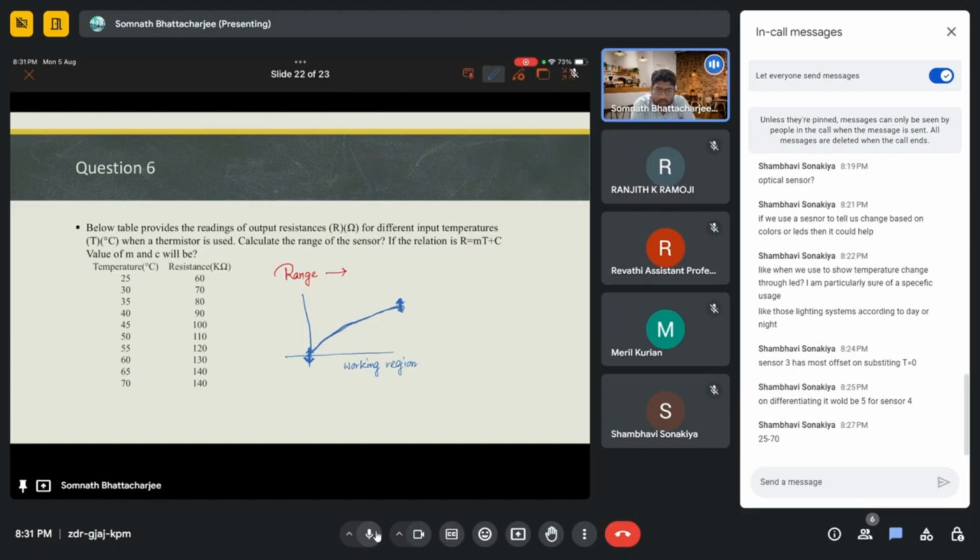So your answer is not correct exactly. Maybe you can think about the hint. What will be the working region of this sensor? It won't be 25 to 70.